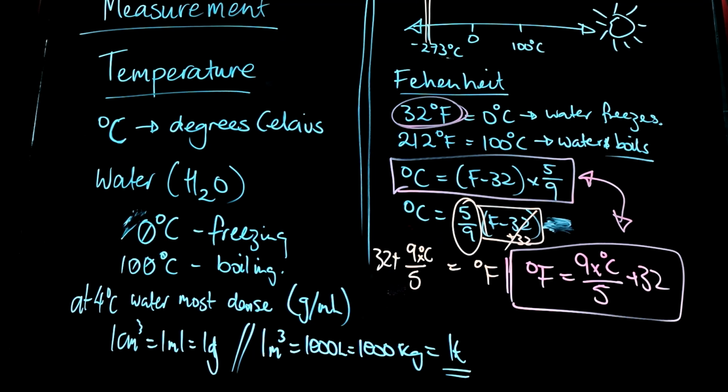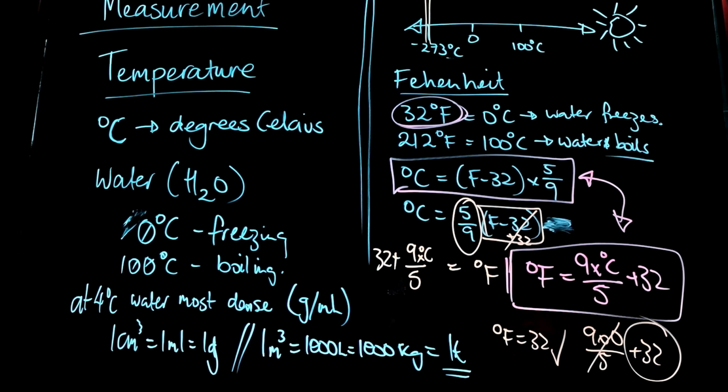Okay, we're up here and we know a little bit. And so if I put 0 degrees in here, I should expect to get this equal to 32. So let's double check. 9 times 0 is 0, divided by 5 is all 0, plus 32. Well, that's my answer.